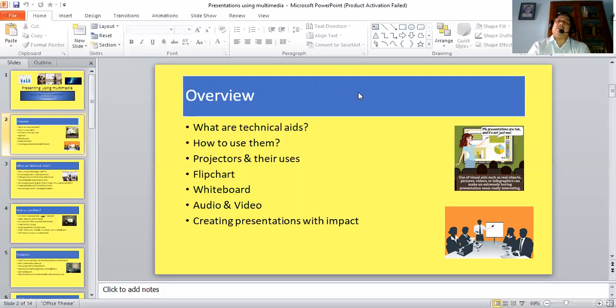Now, a presentation can be something like an ordinary class in an ordinary classroom, which does not have any technical aids, so it is mainly chalk and talk. There is nothing extraordinary, and there is no additional support that we are getting from technology in developing this kind of a talk.